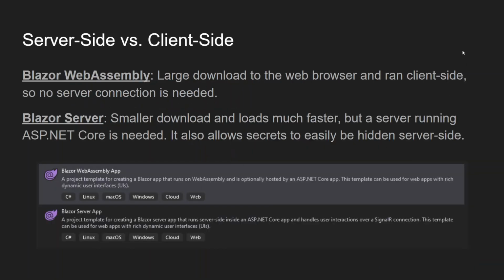There are two main forms of Blazor, which I briefly mentioned earlier. There's Blazor WebAssembly and Blazor Server. Blazor WebAssembly is the client-side version of Blazor. It has a large download to the web browser, but once it's downloaded, no server connection is needed unless explicitly specified.